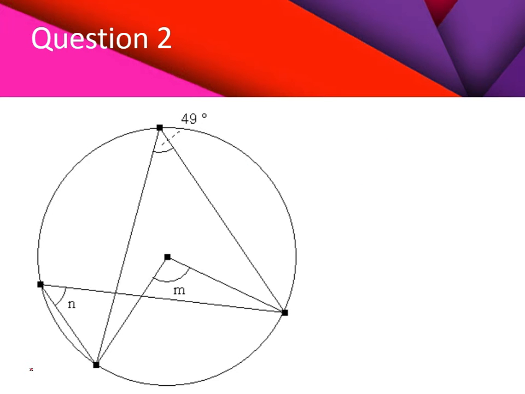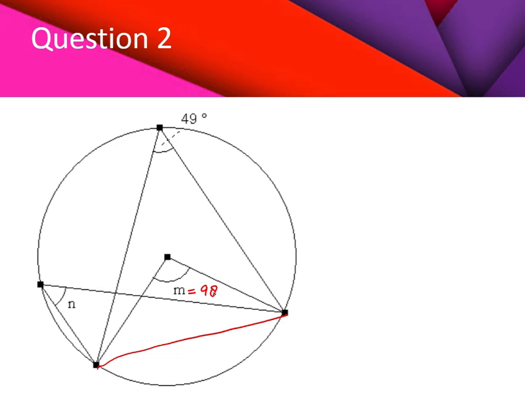Now here we have another question, and if you look at this question, here we have angle at the center is twice angle at the circumference, and we have same segment also. Like if we draw this chord, okay, angle M is at the center and 49 is on the circumference. So if we multiply 49 by 2, 98, so angle M is equal to 98.